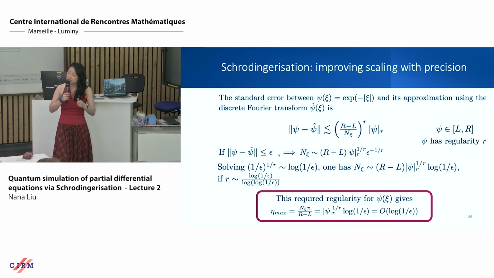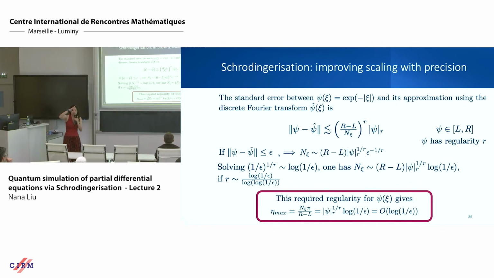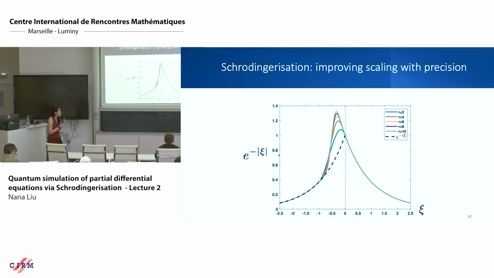So we should find functions where, to the right, where psi is above 0, it still scales as e to the power minus psi, but we want to smooth things over on the left-hand side. So the regularity scales in this way with 1 over epsilon, and therefore the required regularity for psi gives our eta max scaling as 1 over log 1 over epsilon.